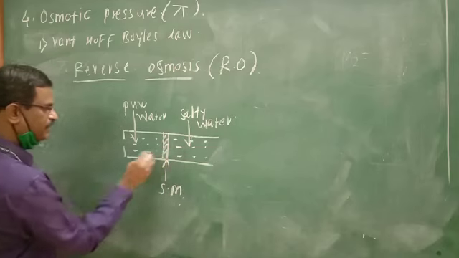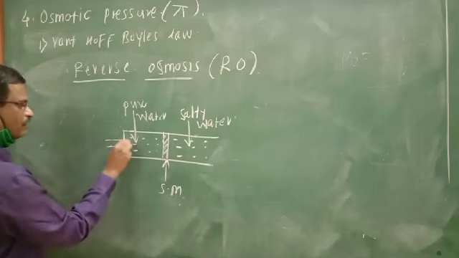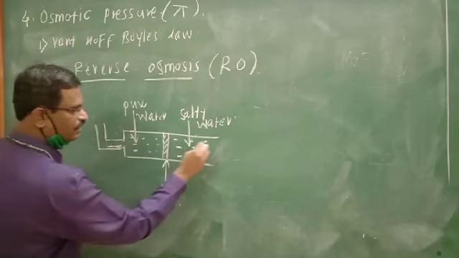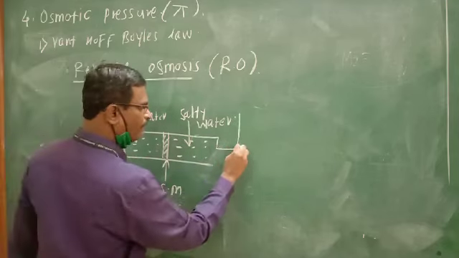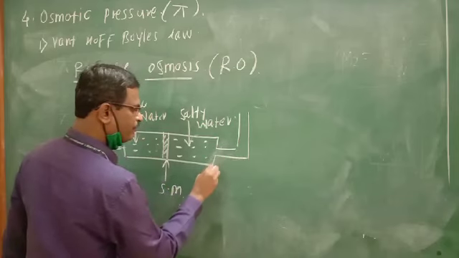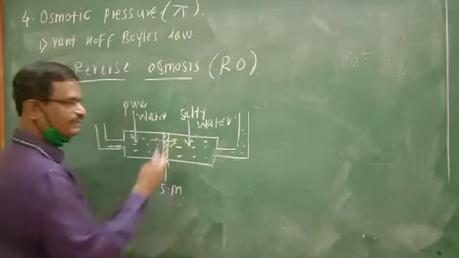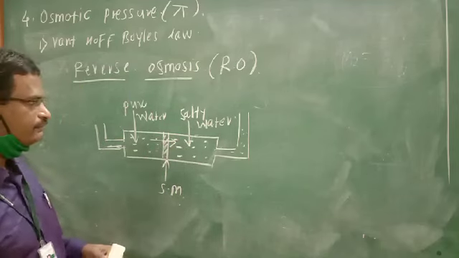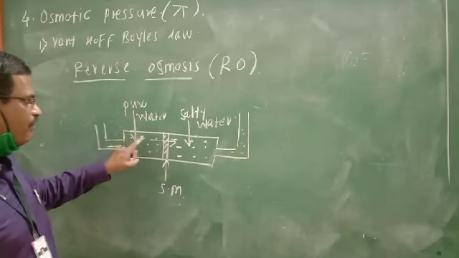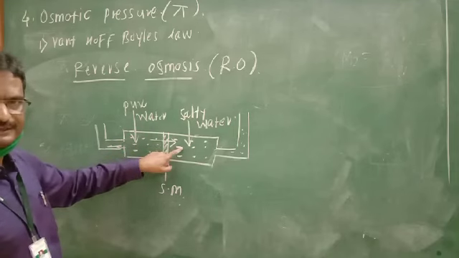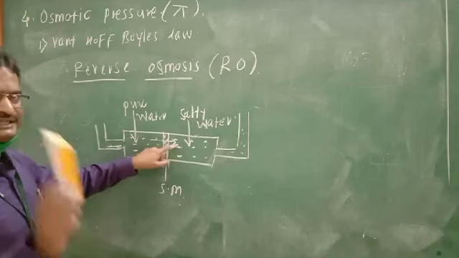So what will happen once the assembly is completed? There is a flow of solvent from the pure solvent compartment to the solution compartment. That is known as osmosis. Flow of pure water to the salty water takes place. That is the phenomenon of osmosis.